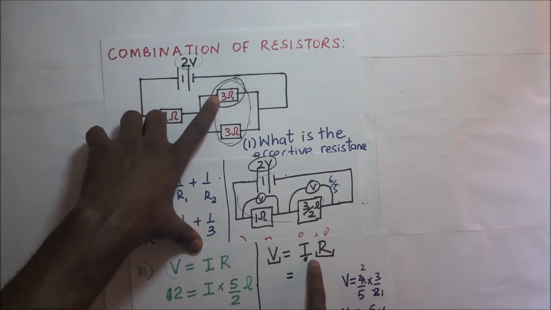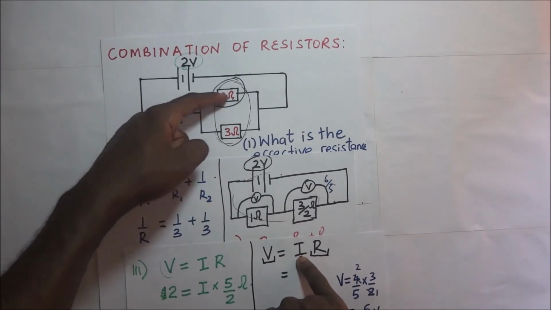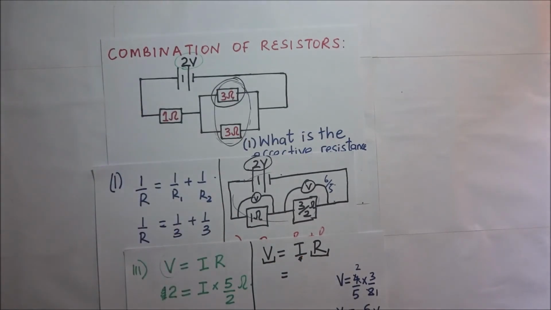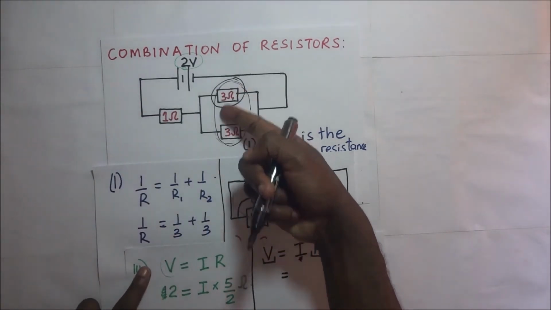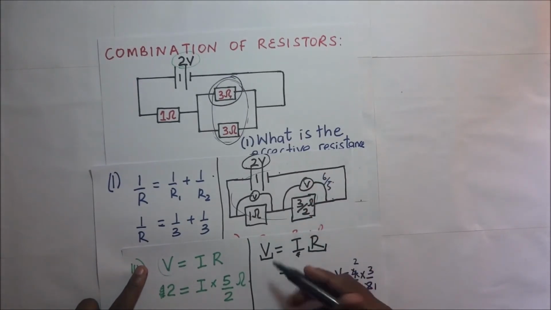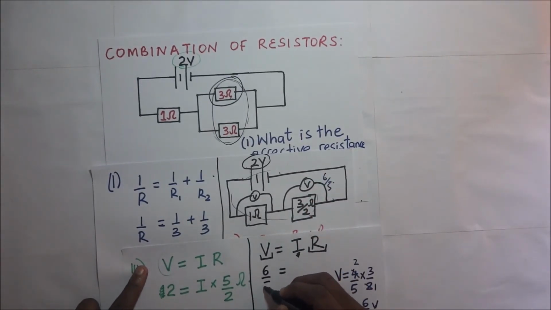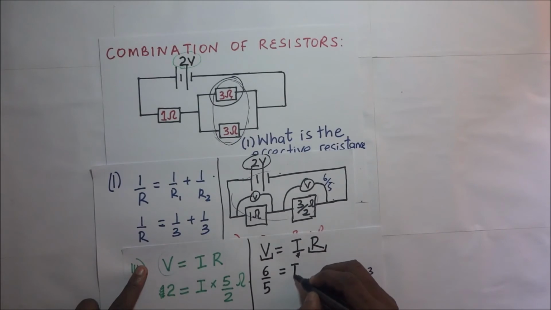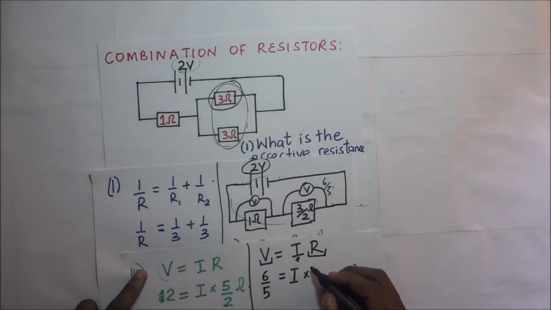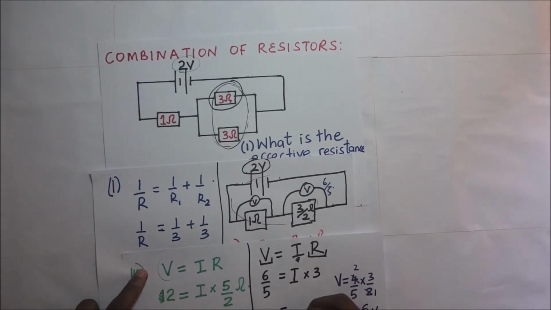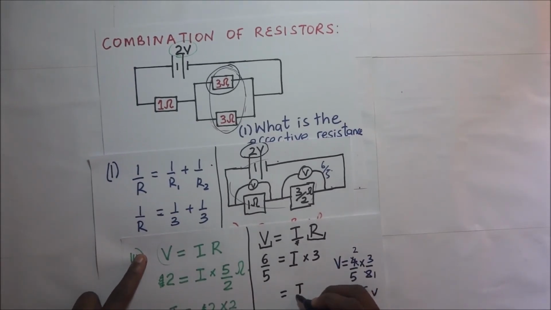So we can continue with our working to get the current that is flowing through the 3 ohm resistor. In this case, our voltage across the 3 ohm resistor, which so happens to be 6/5, is going to be equal to the current times the resistance, and in this case the resistance is 3. So our value of I is going to be 6/5 times a third.